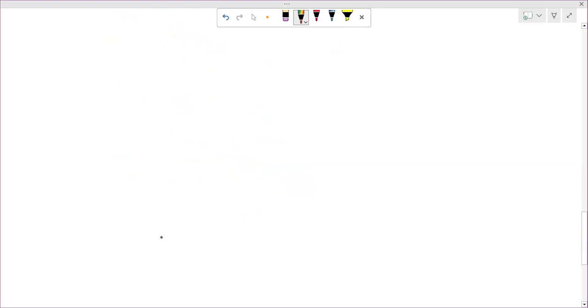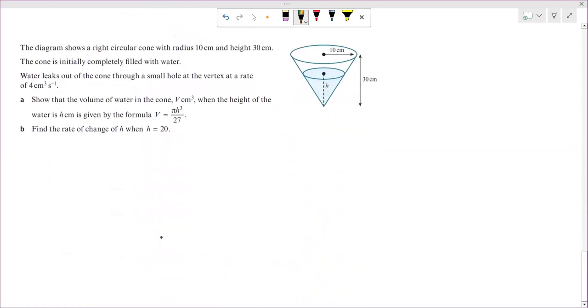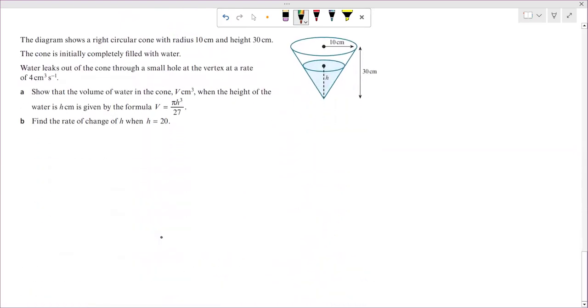Next, see here. He has given a diagram showing a right circular cone with radius 10 centimeters and height 30 centimeters. The cone is initially completely filled with water.